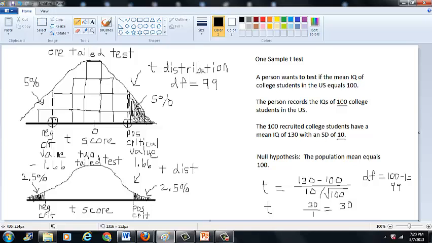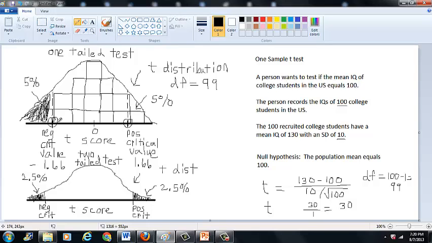And then if the person plans ahead of time to do a one-tailed test with the negative critical value, the person's only rejection region is this area down here with data sets that have t-scores equal to or below the negative critical value.